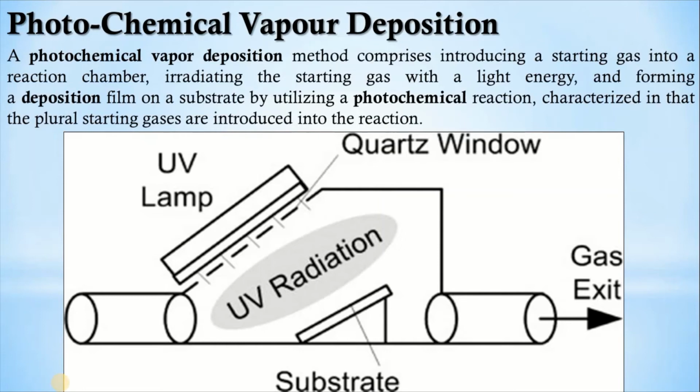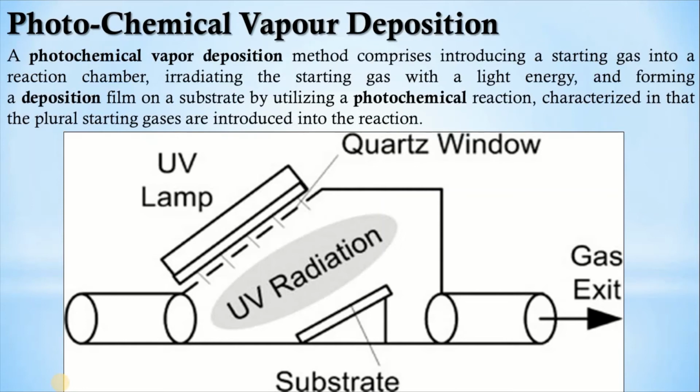A photochemical vapor deposition method comprises introducing gas into the reaction chamber where light energy having a wavelength region corresponding to the absorption spectrum is applied. There we are using UV light, ultraviolet light. Based on that, UV radiation takes place and the film is deposited on the substrate.